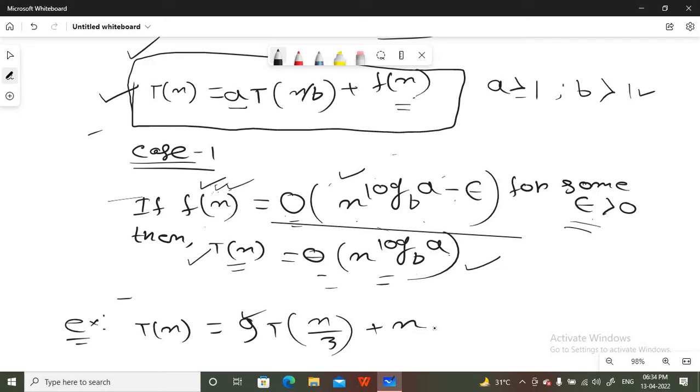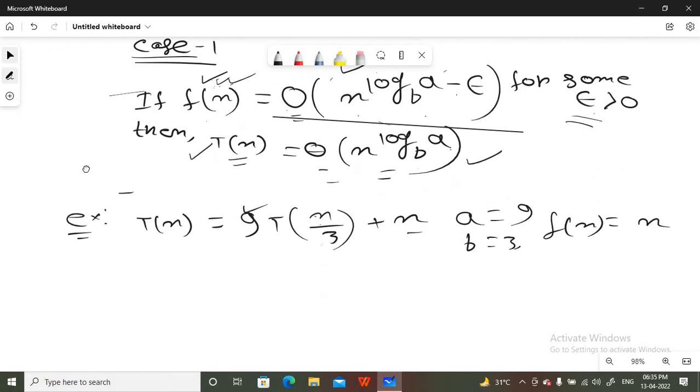Can I say that 9 is a, and b is 3, because n by b equals n by 3? So b equals 3. Here f of n equals n. So the shape is matching, and I can identify very easily that a equals 9, b equals 3, and f of n equals n.